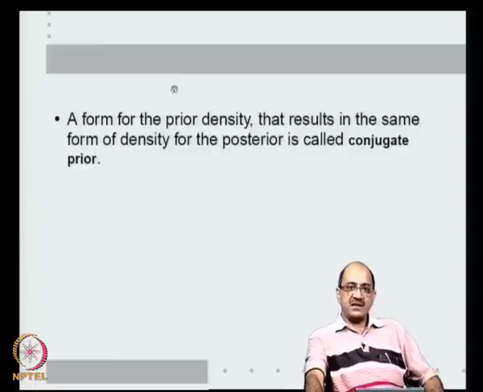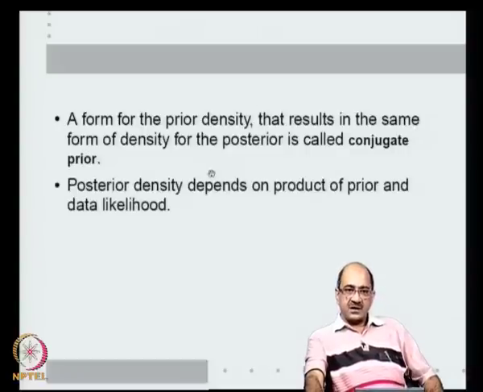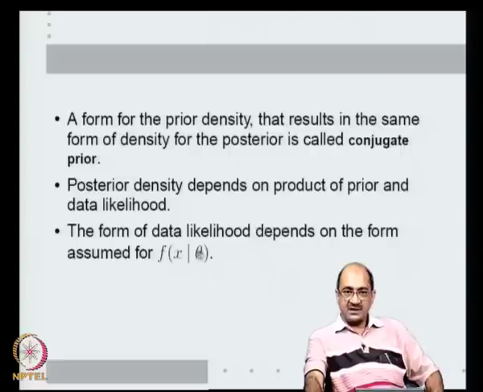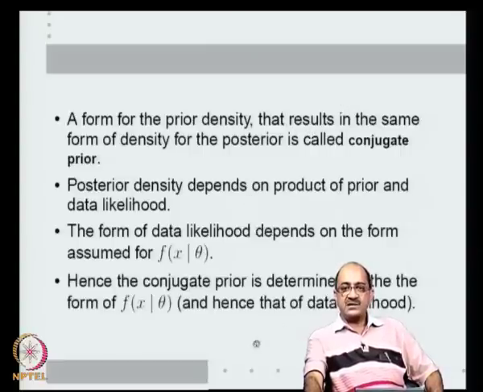A conjugate prior is a density for the prior that results in the same form of density for the posterior. Now, the posterior depends on the product of the prior and the likelihood, and the form of the likelihood depends on the form of the assumed model f of x given theta.